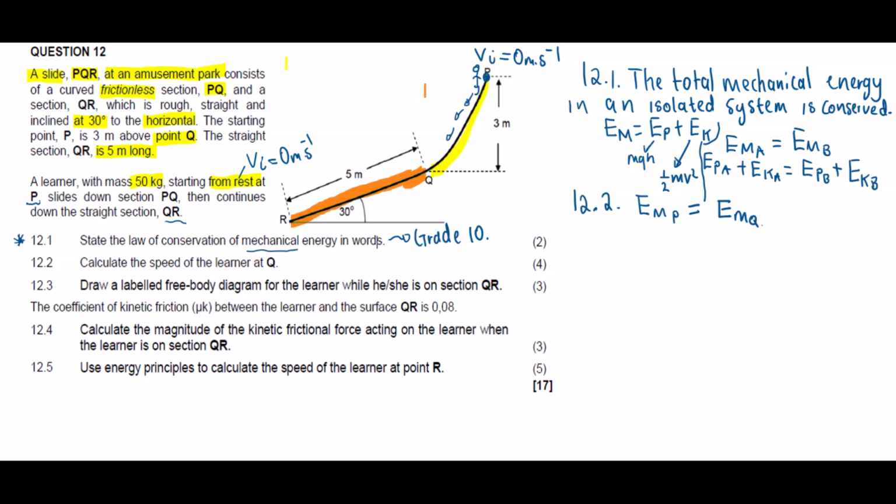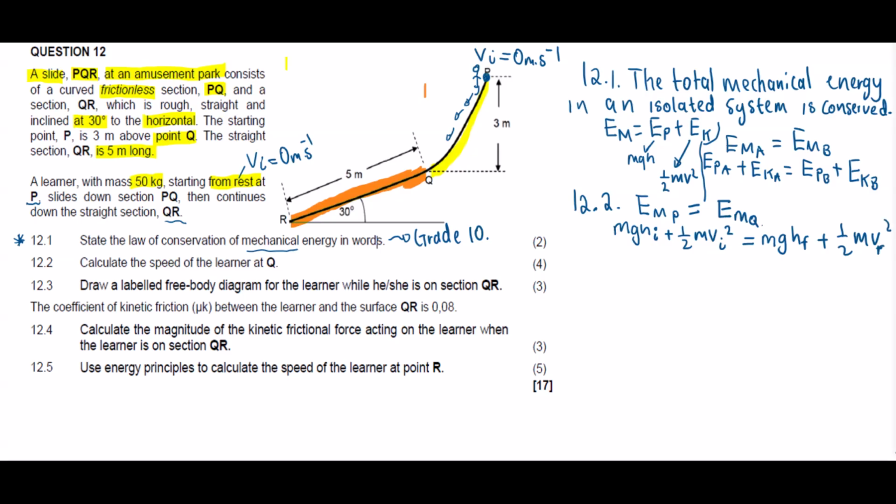So it's going to be mgh initial plus half m v initial squared. So this is for initial. So the initial potential energy plus the initial kinetic energy is going to be equal to the final potential energy and the final kinetic energy of this object.